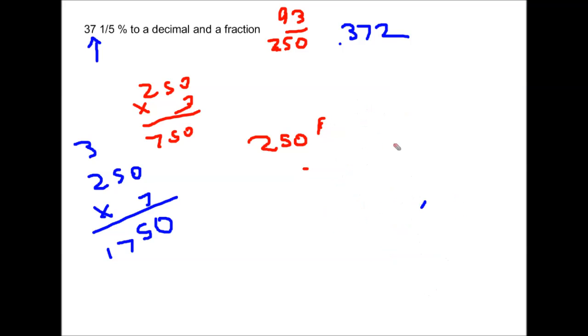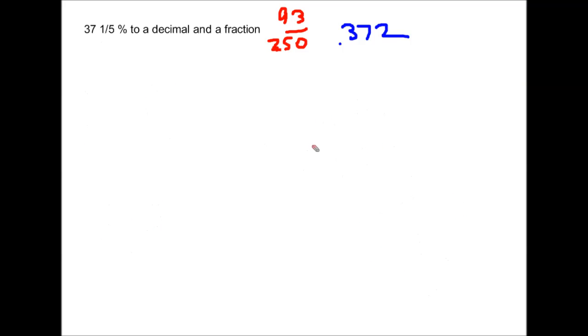Well, here's another way of doing it. That's probably a little bit easier. 37 and 1/5. Well, I'm just going to change the 1/5 to a decimal. 1 divided by 5. 5 goes into 10 2 times, so it's 0.2. So it becomes 37.2.